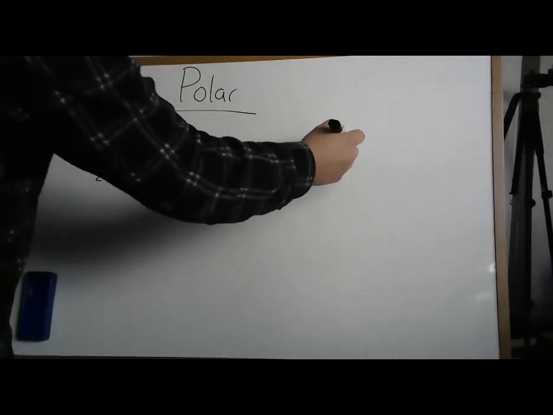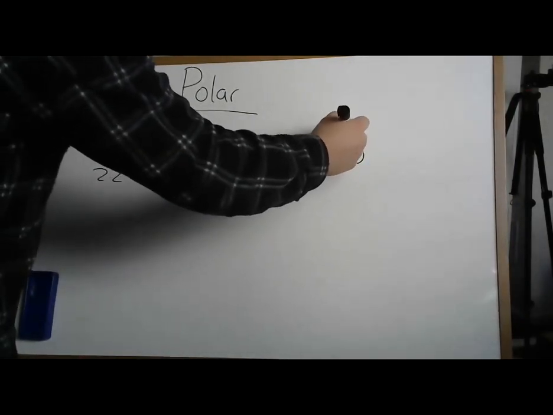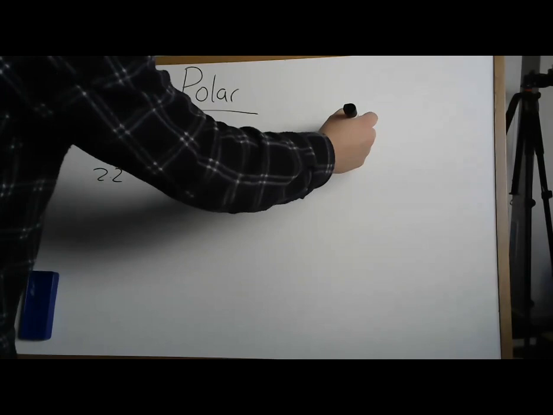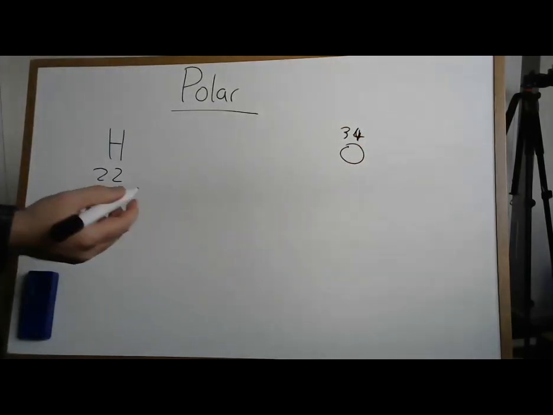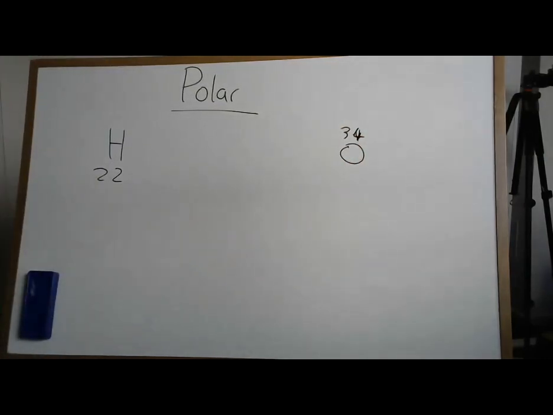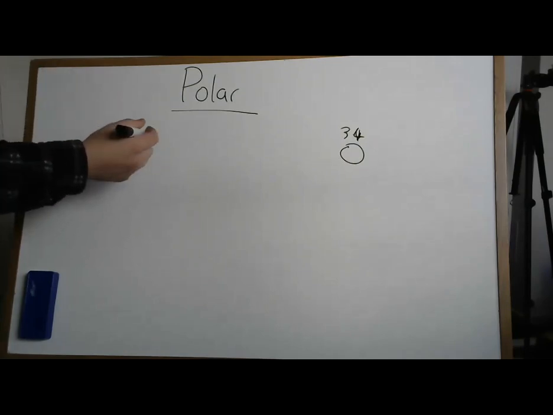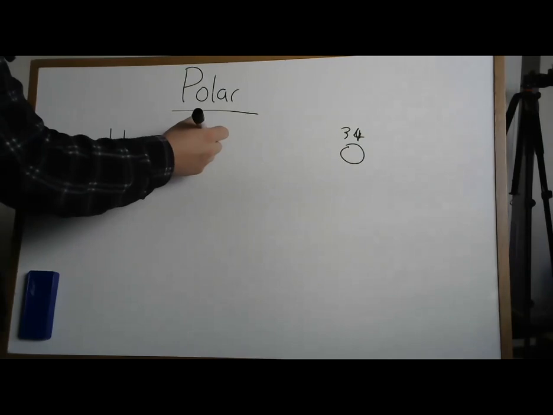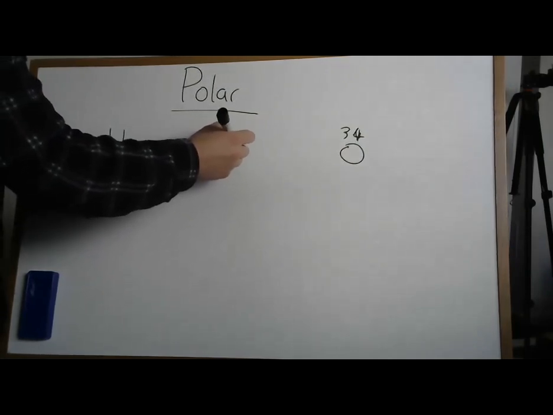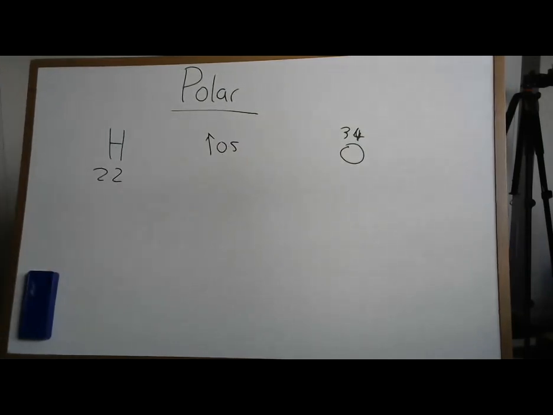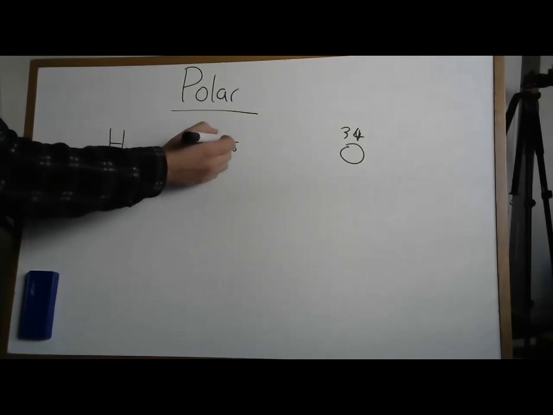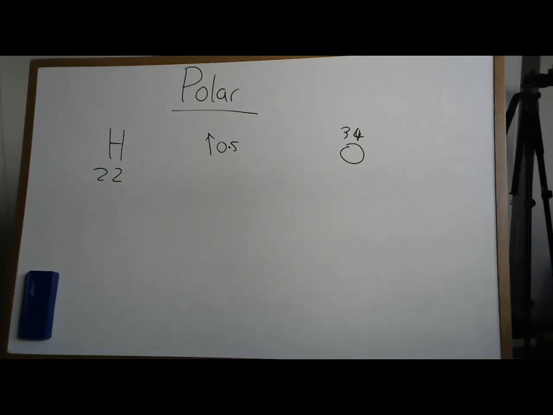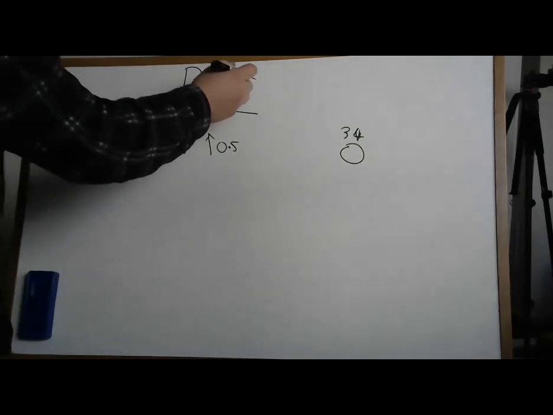Oxygen is over here in group 6. And again, don't go and search for a table and say, no, that was 3.3, I'm pretty sure it's 3.4. But what's important is that the difference is greater than 0.5. If the distance is greater than 0.5, then you will get a polar molecule.